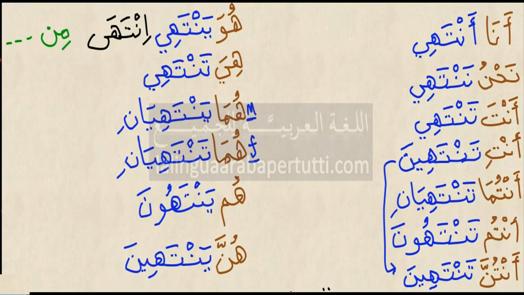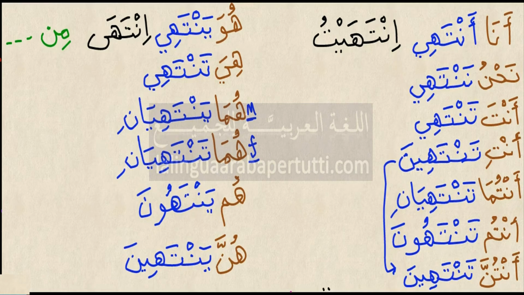The past we started with هو انتهى. It finishes with ألف مقصورة. أنا انتهيت. The ألف at the beginning has only كسرة. It doesn't have hamza at the end.